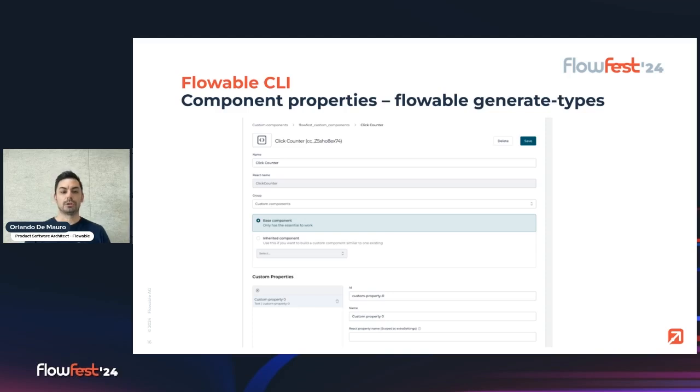Together with it, we added a new CLI command called Flowable Component Generate Types. What it does is take all the properties that are defined by this UI and create the types and store them in your local environment in the extra setting type.